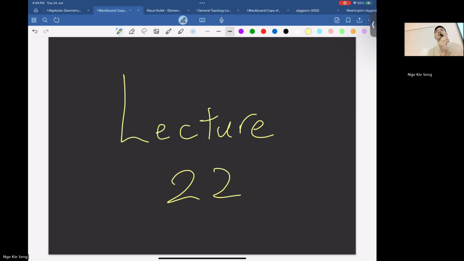Exceptional divisor. What's the zero set you consider? Or what's the important map? Where do you get your exceptional divisor? What's the important map?